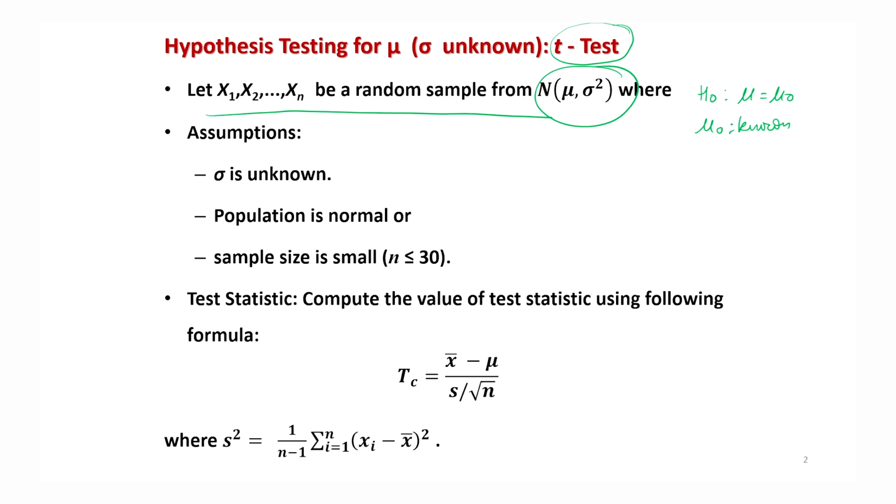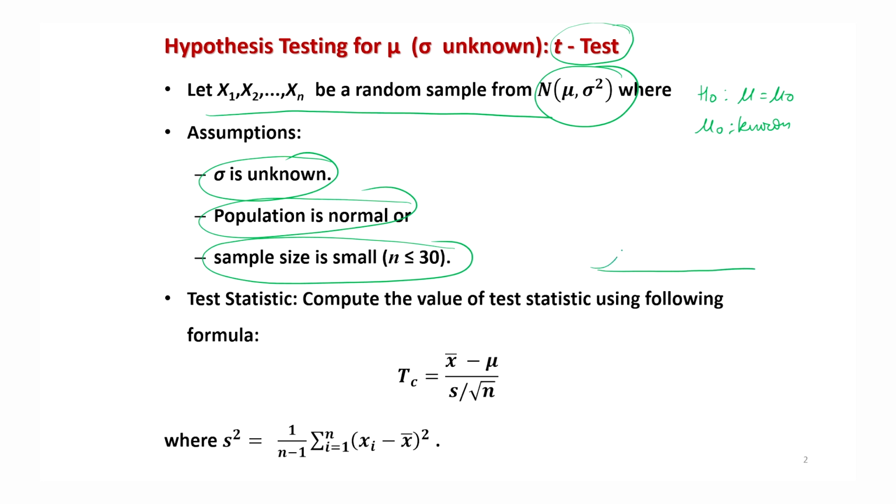In order to conduct such a test of hypothesis about the mean, we have certain assumptions: sigma is unknown, the population is normal, and the sample size is small, that is smaller than 30. If you recall, when we talked about the t distribution, I showed you that when the degrees of freedom are more than 30, then if this is my normal distribution and I plot a t distribution, which is also symmetric, both become almost the same.